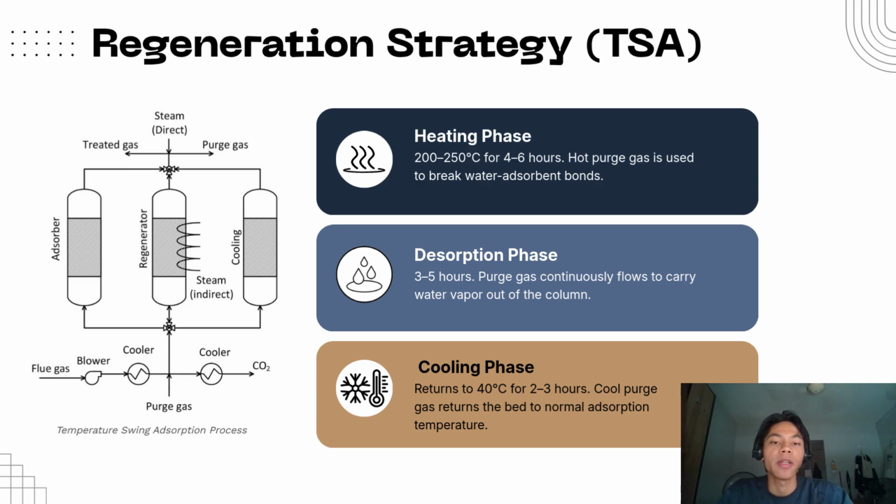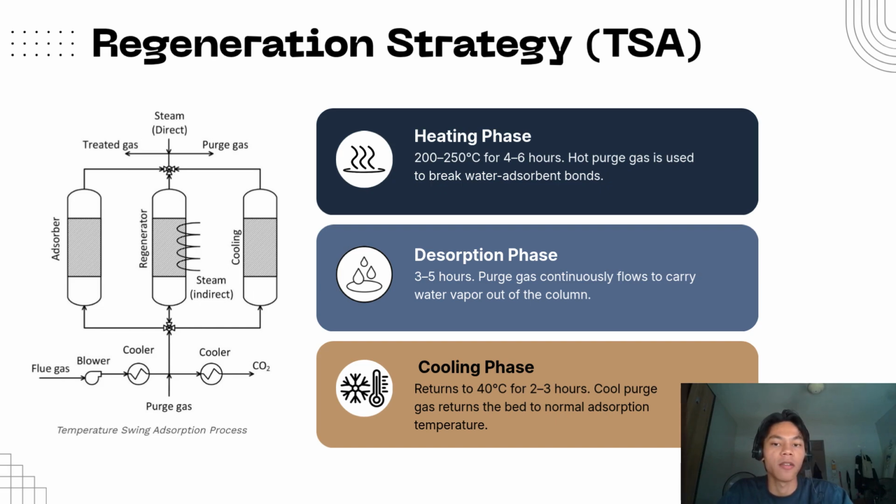Next, I will explain the temperature swing adsorption, or TSA, process. As illustrated in this diagram, this visual demonstrates the flow of gases within our purification system. Once the molecular sieve 3A becomes fully saturated with trapped water molecules, high thermal energy is required to remove them. As you can see in the regeneration section of the diagram, a hot purge gas at 200 to 250 degrees Celsius is introduced into the column.